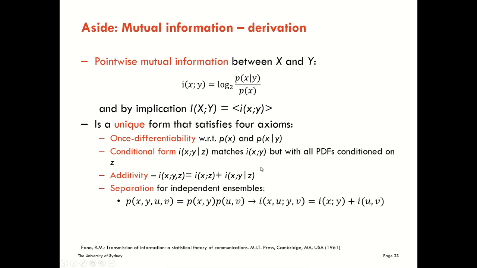As we just looked at, it was a very important property for us to consider. And it satisfies a separation for independent ensembles here. So if we have X and Y being independent of U and V in the joint probability, then we can consider the information between X and Y, U V as being summed to get back to this mutual information term between 2 pairs of variables.